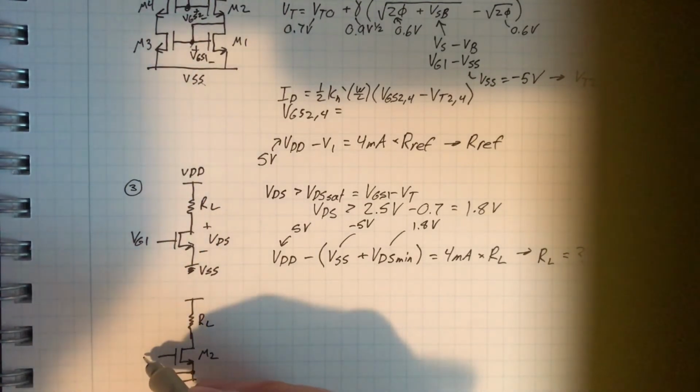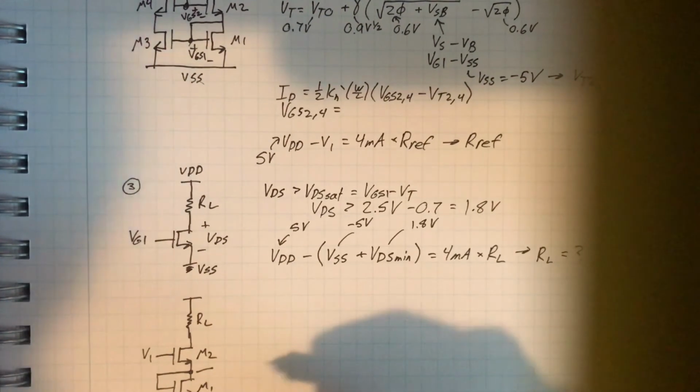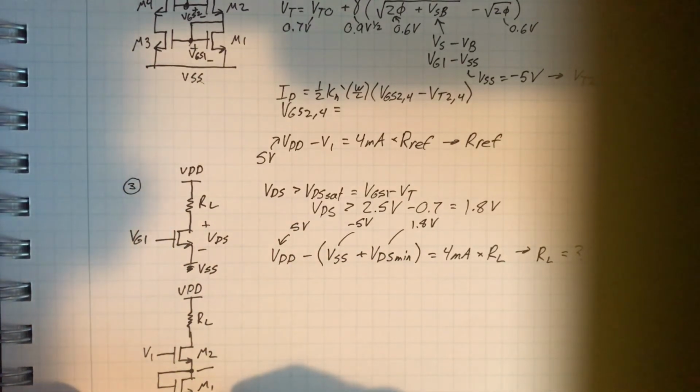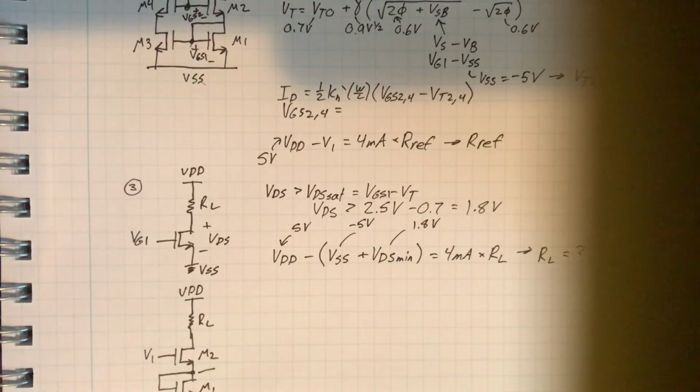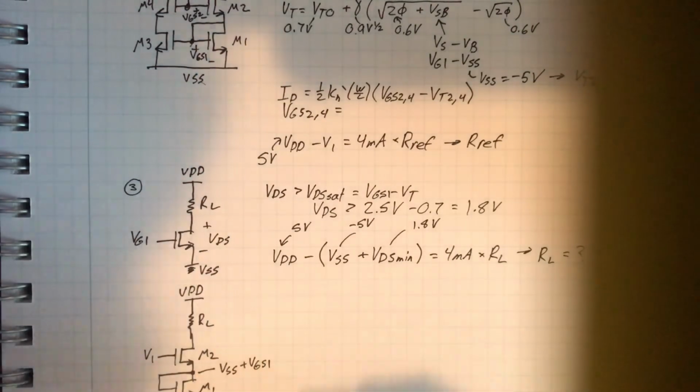And we called this node V1 before. Again, I'm used to putting ground there. That's VSS. I forget what we call this. This would be VSS plus VGS1 at that node.